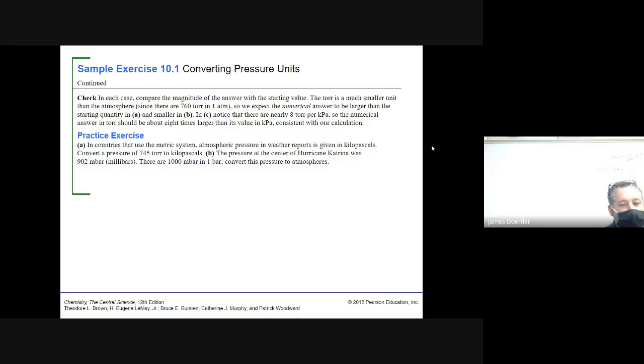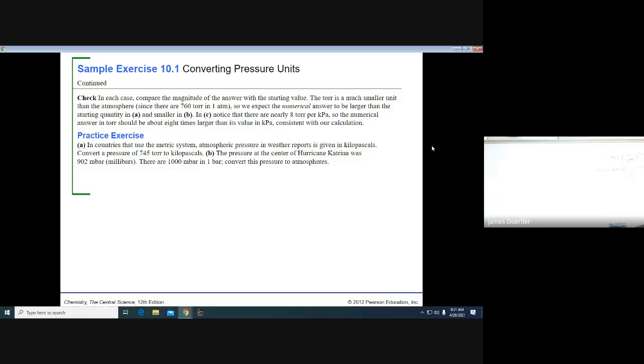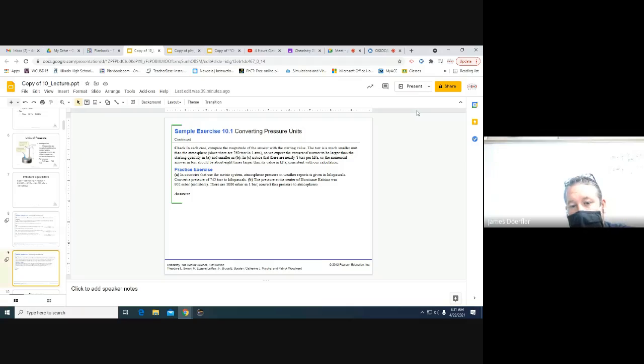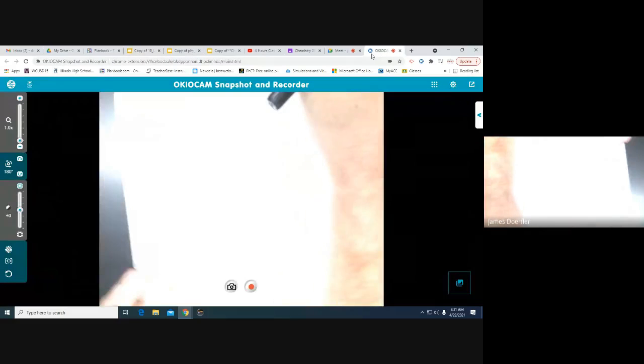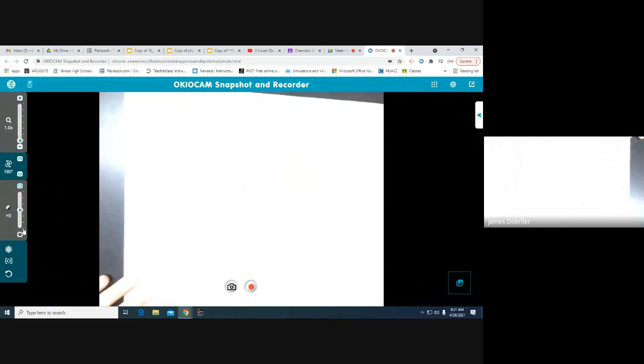For part A, it says in countries that use the metric system, atmospheric pressure in weather reports is given in kilopascals. We are to convert a pressure of 745 torr to kilopascals. Coming into here, I'm going to dim this a little bit.